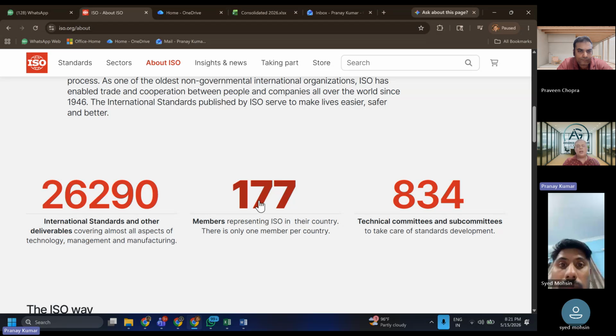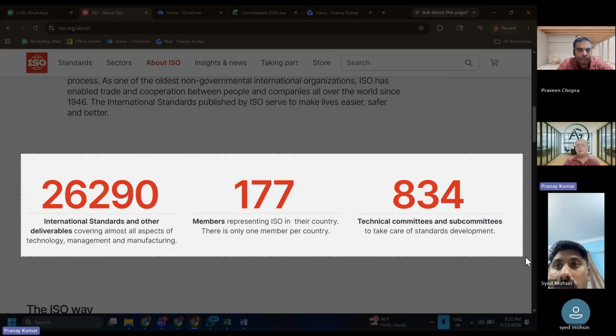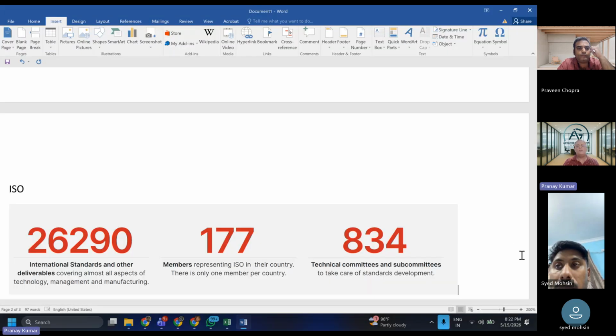There are a total of 177 member countries, each represented by its own standards body, and technical committees and subcommittees are constantly working at enhancing international standards. This is information you may not always need, but it is good to know.